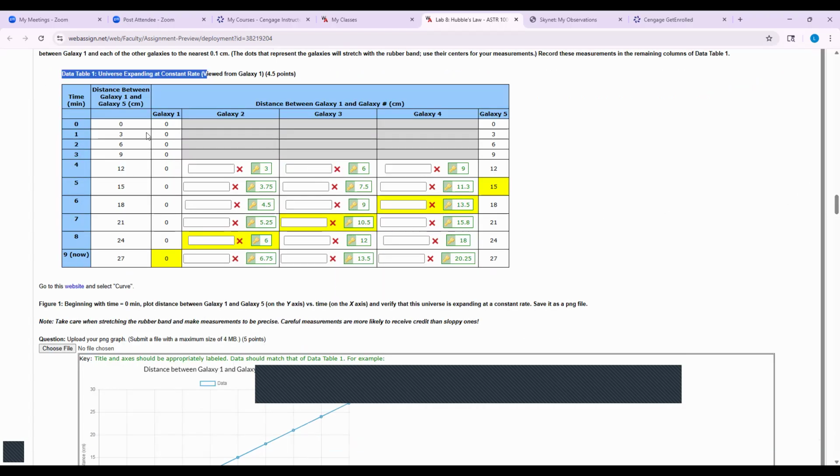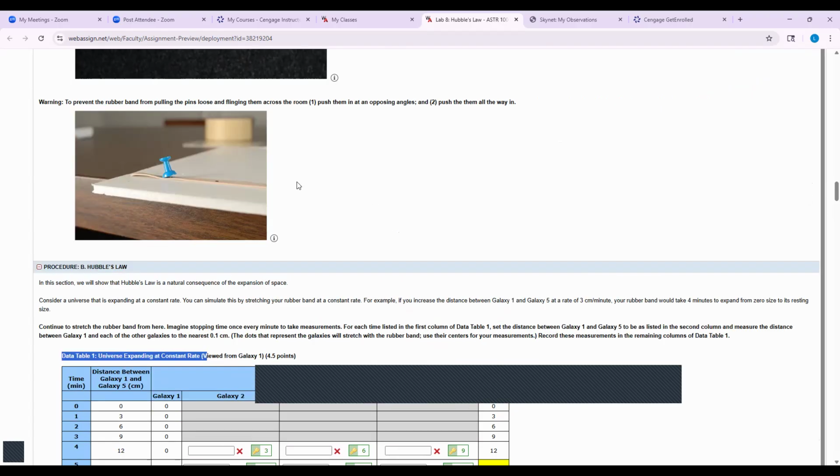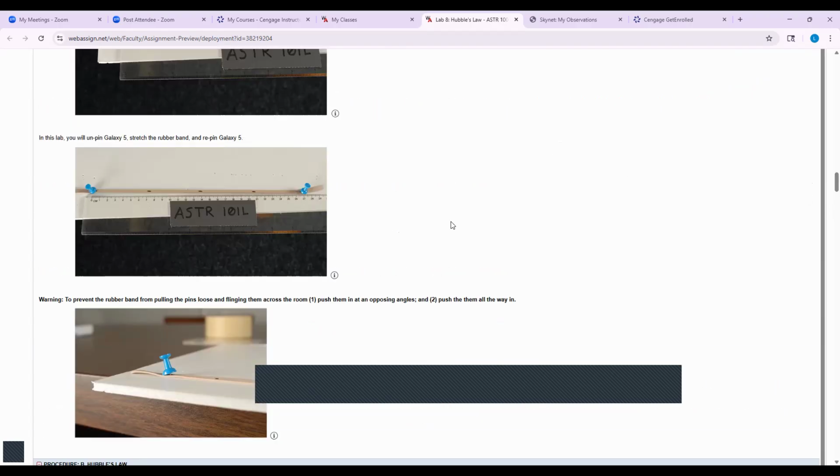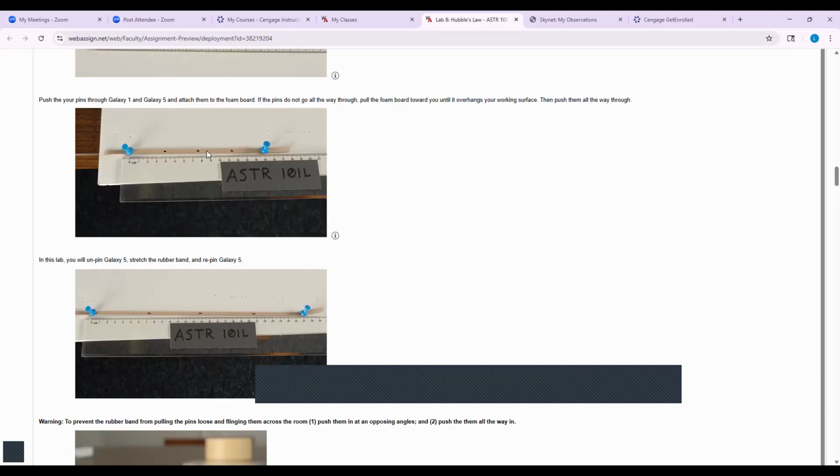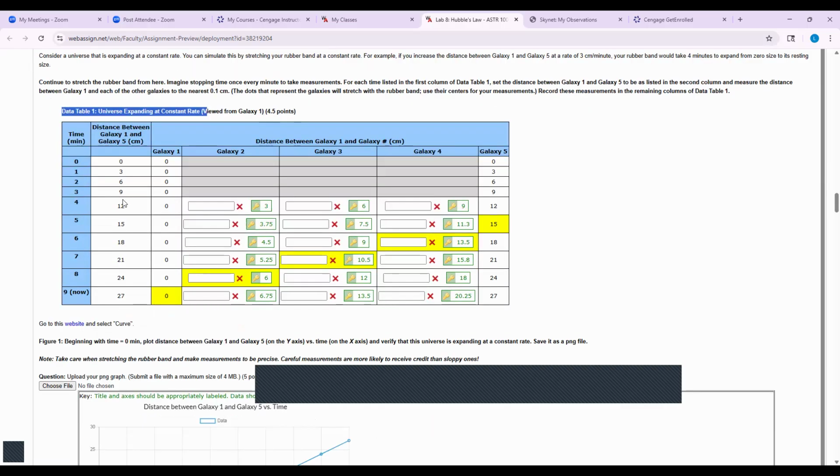And originally we have 0 to 15. We cannot have 0 between galaxy 1 and 5. It means that this one would have to be located here, because originally the distance between galaxy 1 and 5 is 15. Because of that, these dimensions are grayed out here.